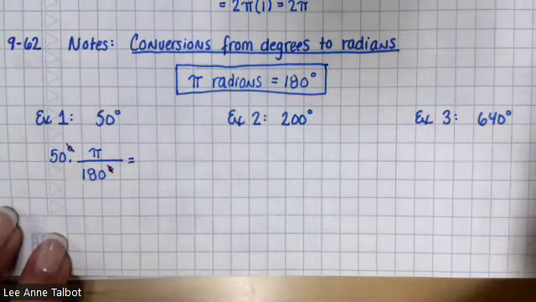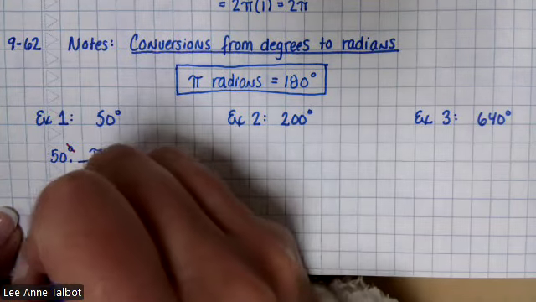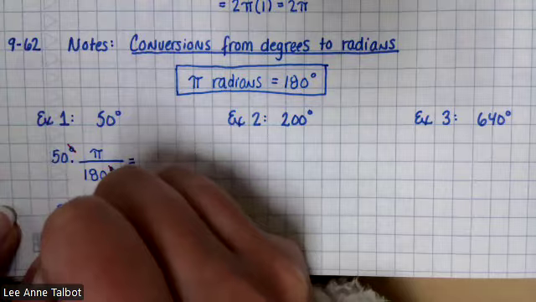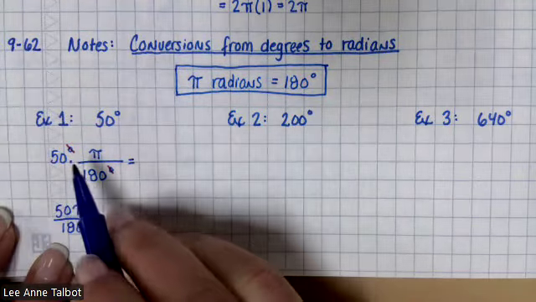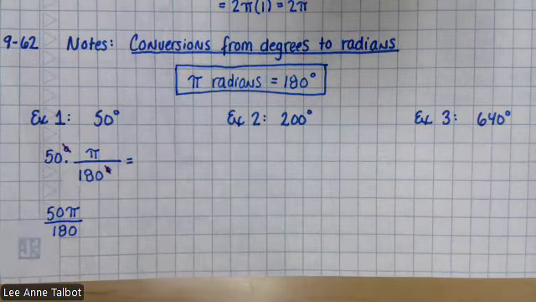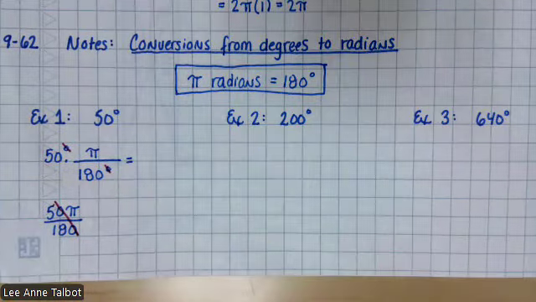So I want to make sure we talk about reducing with no calculator. The first thing I'm going to do is just write 50 pi over 180. So I'm literally just going to multiply the 50 times the top. And then I'm going to reduce by a factor of 10. So cross out the zeros.